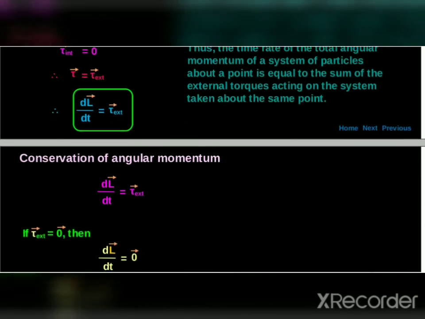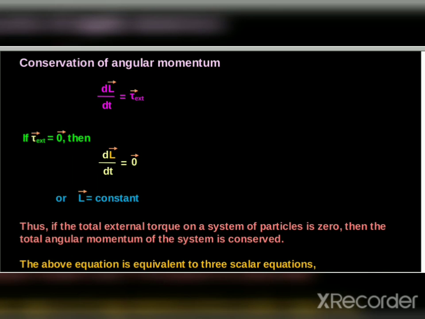Thus you know the law of conservation of momentum: dL by dt is equal to torque, and if torque is equal to 0, then dL by dt is 0, so L will be constant. Thus if the total external torque on the system of particles is 0, the total angular momentum of the system is conserved. The above equation is equivalent to three scalar quantities.